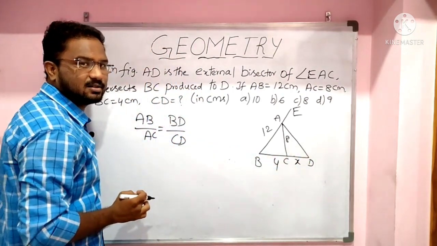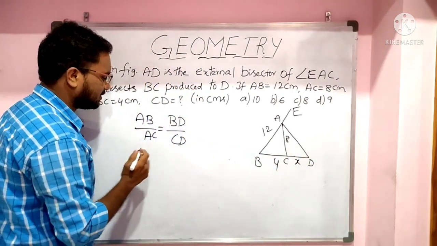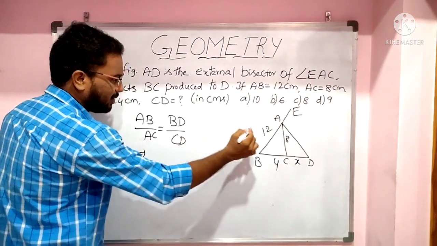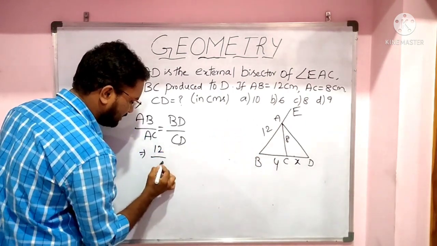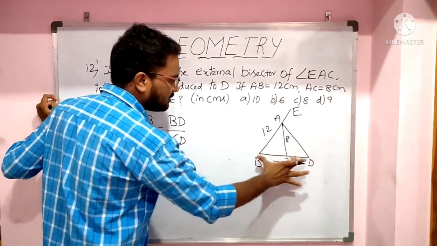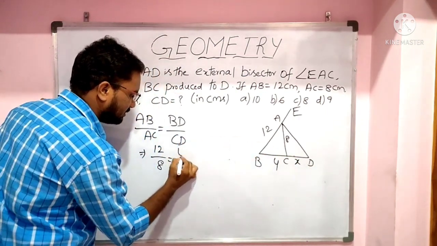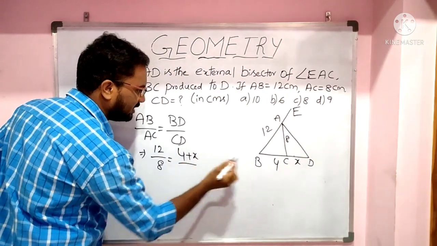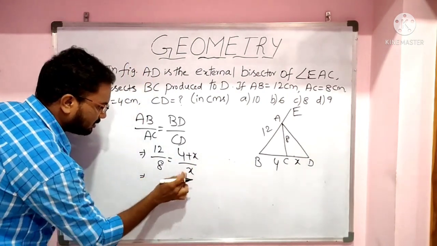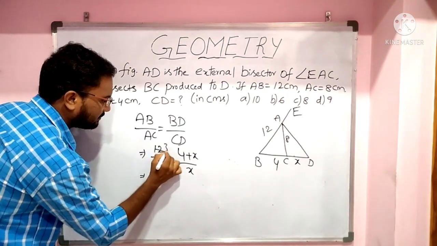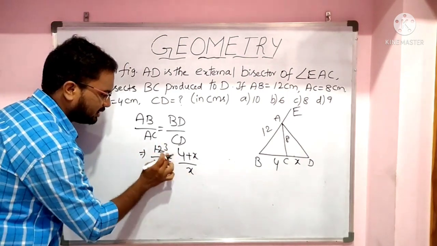This is the exterior angle bisector theorem. So AB value is 12 by AC value is 8 equal to BD, which is total 4 plus x, by CD, which is x. So 3 into x.